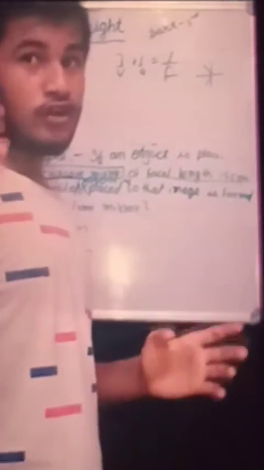A real image is always represented with a negative sign, because it is always formed on the left side of the mirror. Always remember the sign convention and the ray diagram, then we get the perfect answer. Maximum probability of our answer being correct. This is the negative sign.